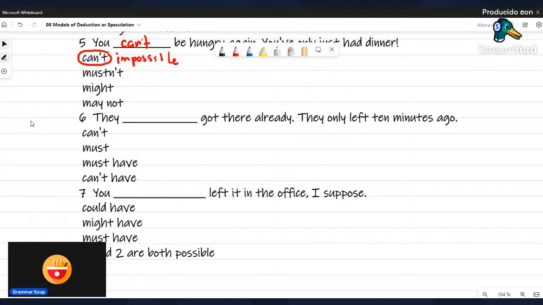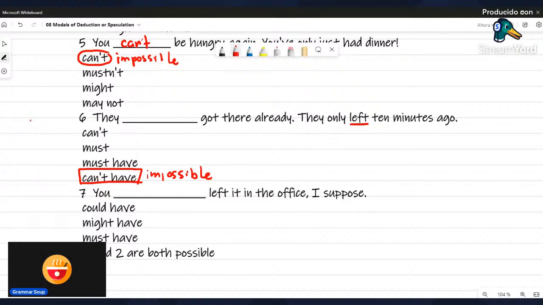The person, they only left 10 minutes ago. Okay, well, let me reveal the answer. Let me give it away now. As you can see here, can't have in this case, right? Why am I saying can't have in this option? Because you don't believe it, right? It's impossible again. But now I'm saying it in the past, right? It says here they only left 10 minutes ago.